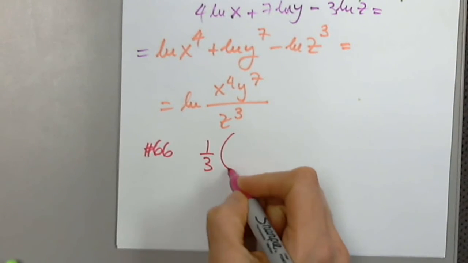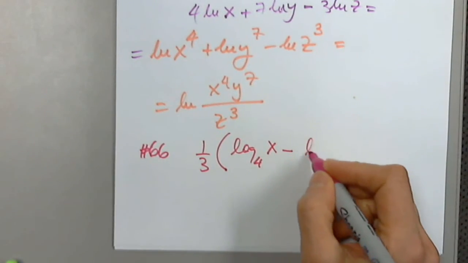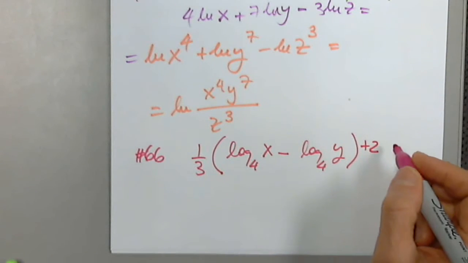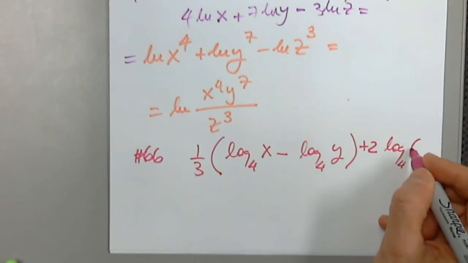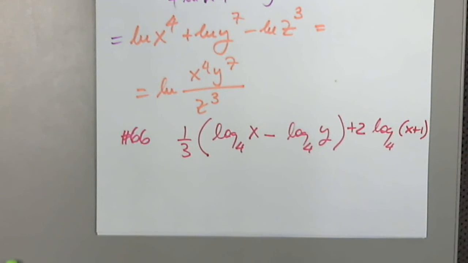Let's say 66, another condensing: 1/3 parentheses log base 4 of x minus log base 4 of y, and then plus 2 log base 4 of x plus 1. Where do I start?